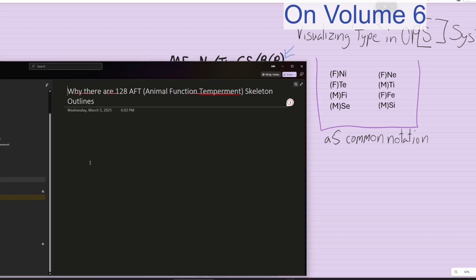Why? Because you take the 8 animal function temperament skeletons, NTST, STNF, things like that, in a stack, and you multiply them by 8. So 16 times 8 equals 128 animal function temperaments.